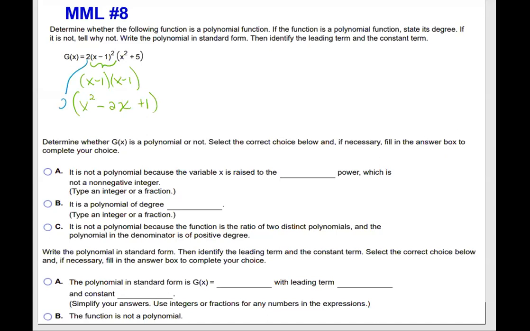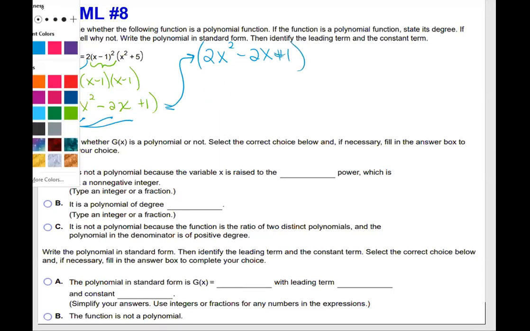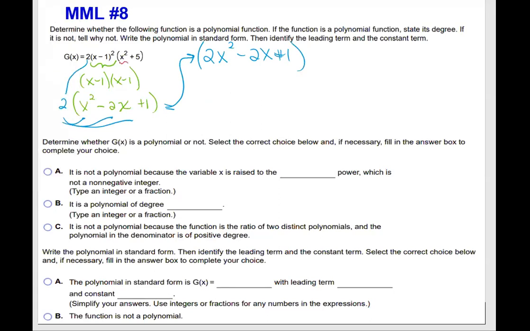But I have this 2 in front of that, so if I distribute the 2, that's going to be 2x squared, let me move this up here, 2x squared minus 2x plus 1. But then I also have this x squared plus 5 that's still there. Wouldn't it be 2x squared minus 4x plus 2? Oh, yes, it would be. I'm sorry, I'm not very good at math. I've made that joke before, haven't I? Minus 4x, yes, thank you.